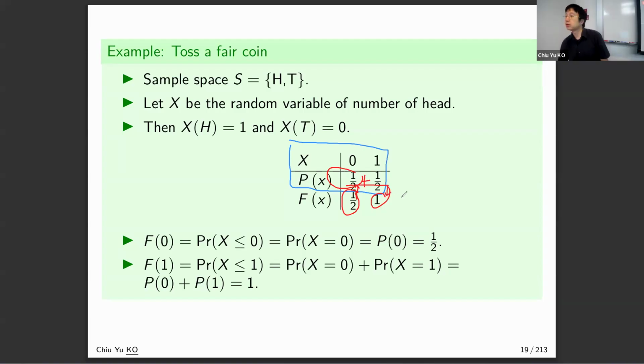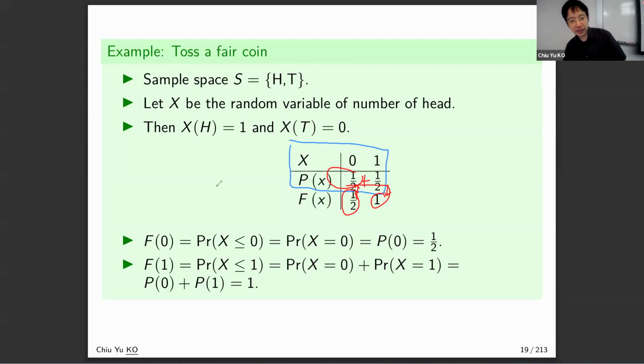So F of 0 is the probability that X is less than or equal to 0, which is only one case, 0, so it's 1/2. F of 1 is the probability that X is less than or equal to 1. Only two cases, 0 and 1. 1/2 plus 1/2 is 1. So that's the idea.